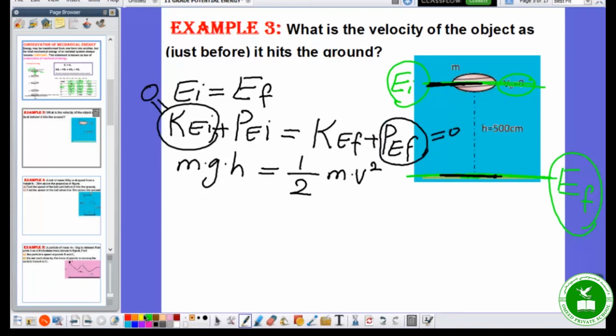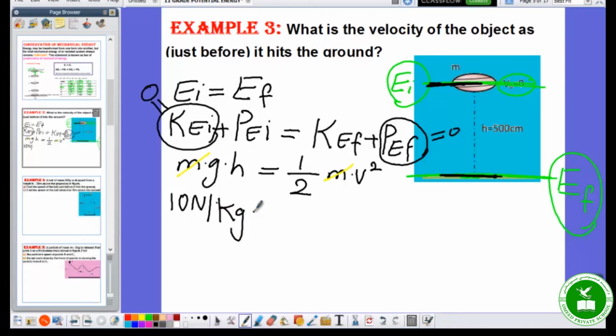You see, here we have common factors, mass cancels. Now we solve for the remaining expressions. g is 10 Newton per kg, times h.